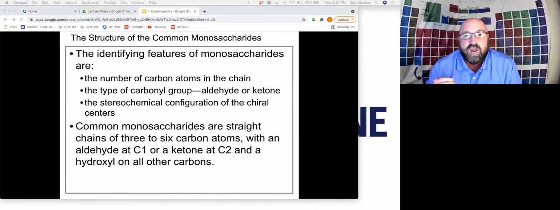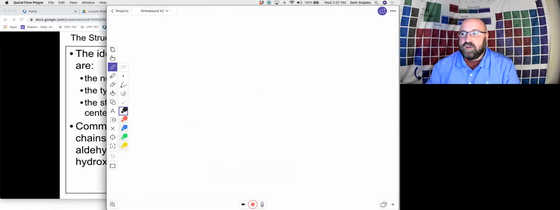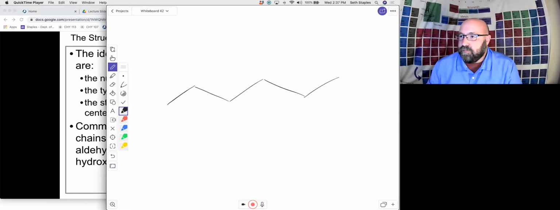Most common monosaccharides, rather, are straight chains of anywhere from 3 to 6 carbon atoms that have an aldehyde at C1 or a ketone at C2, and then a hydroxyl, an alcohol group, hanging off all other carbons. So if we just look at a random example, again, straight chains of 3 to 6 carbon atoms. We could have maybe 3 carbons there.